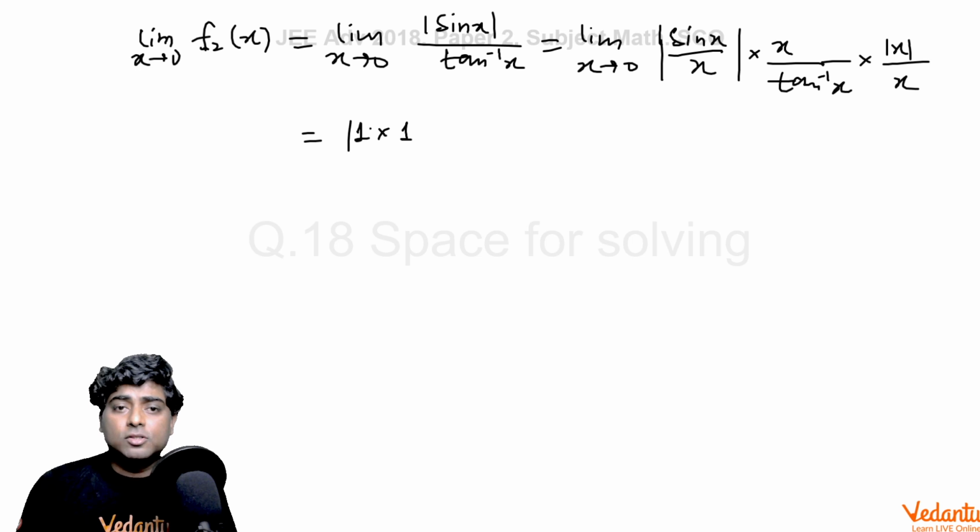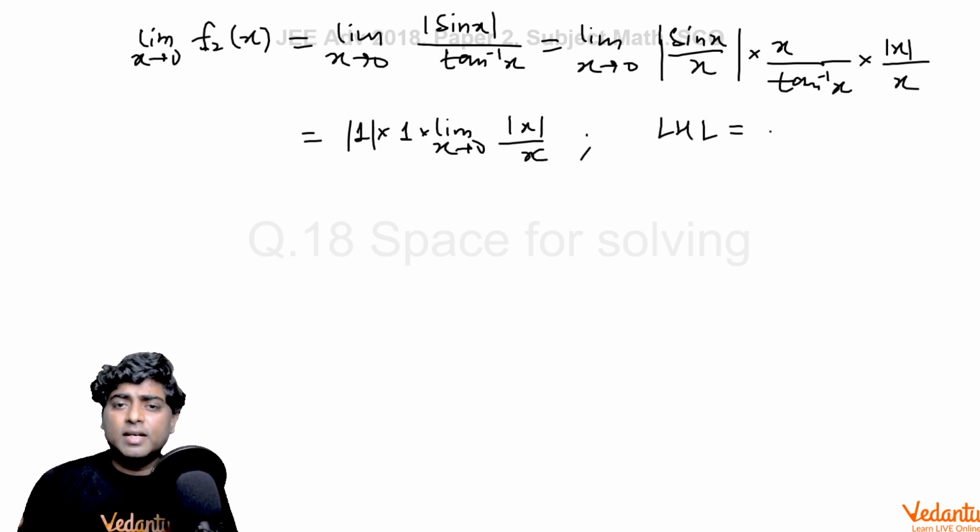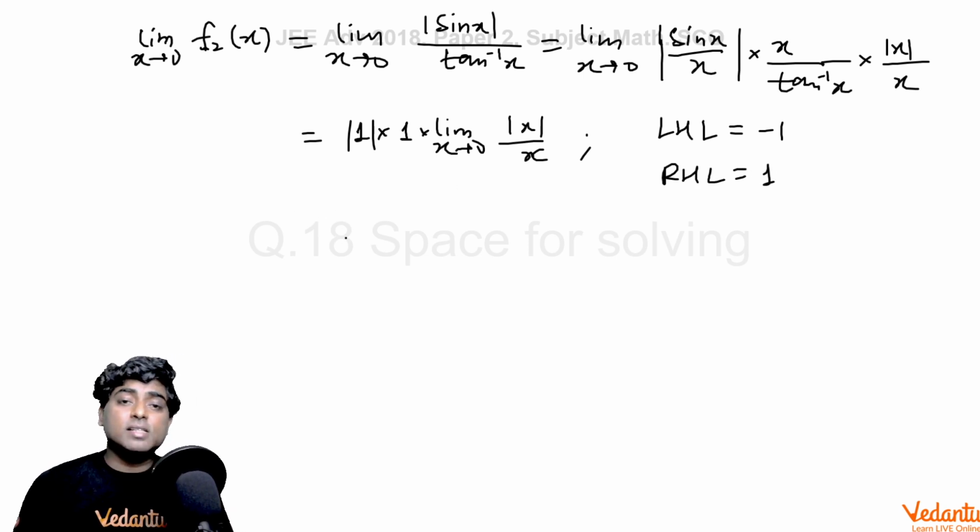So into 1, x upon tan inverse x when x tends to 0 is 1, very standard limit, and limit x tending to 0 mod x upon x again. So here only if I find LHL it is minus 1, RHL I am getting 1. So here we can see the function f2(x) is not even continuous.